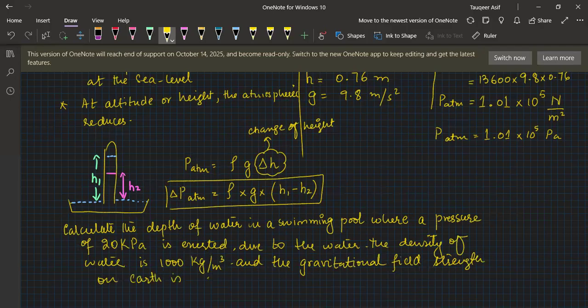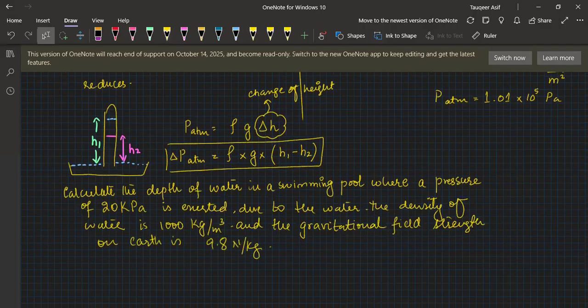Yes. Newton per kilogram. So we have to find out the depth of the water in the swimming pool.